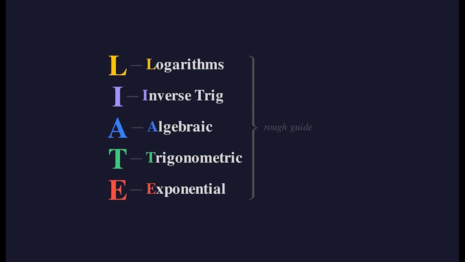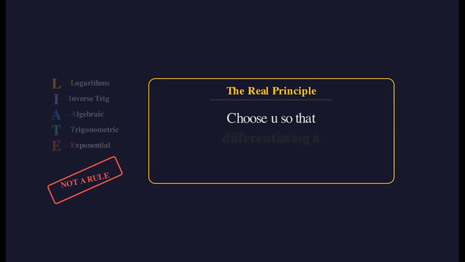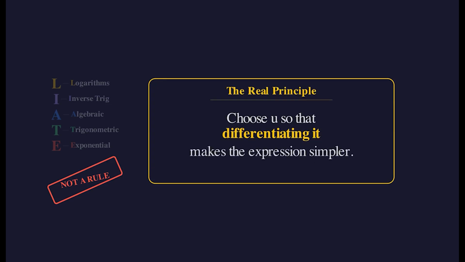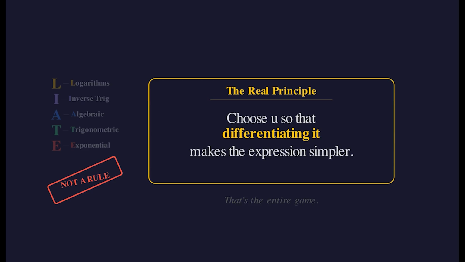LIATE is not a rule. It's simply a shortcut to one deeper idea, and that is to choose u so that differentiating it makes the expression simpler. So that's it, that's the entire game. It's not a hard set rule, but it's a good general framework to follow in most cases.